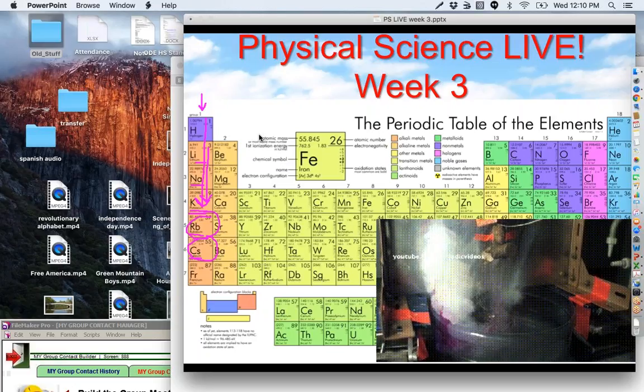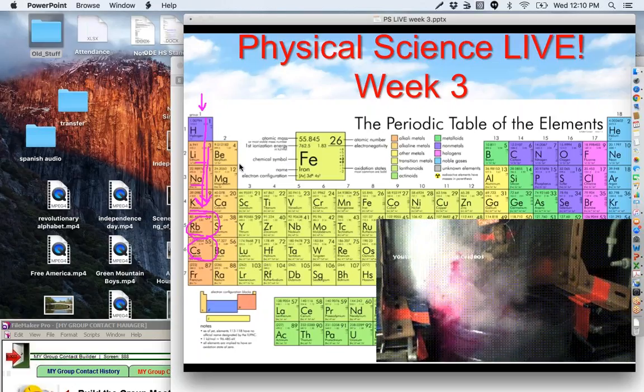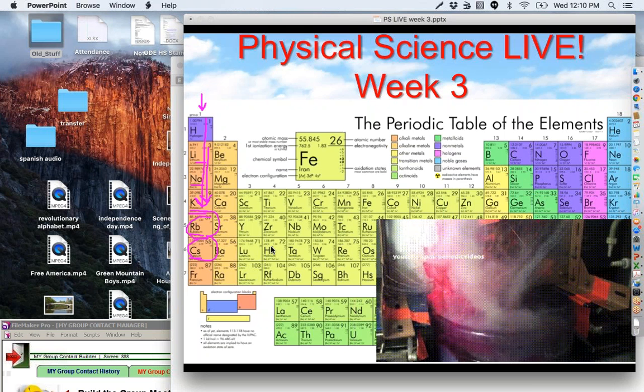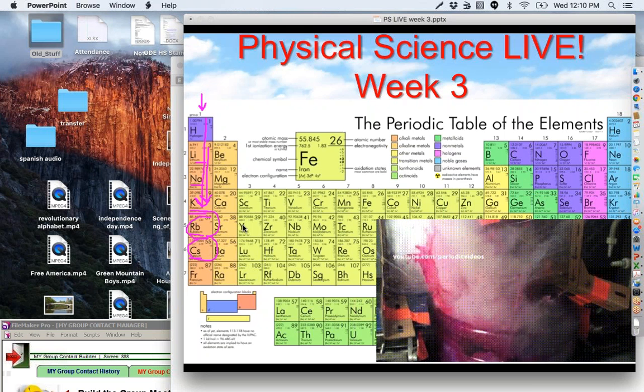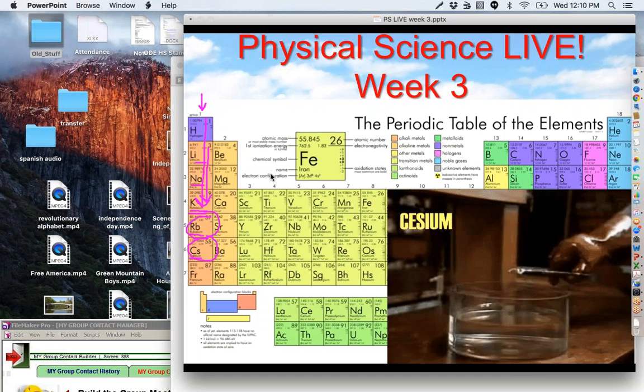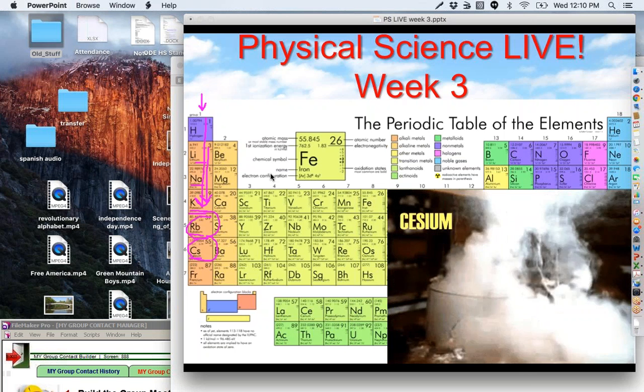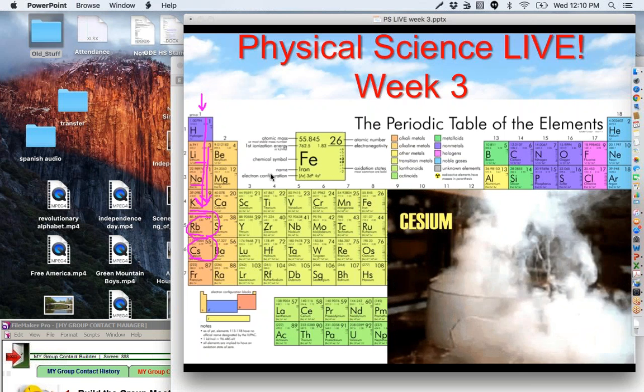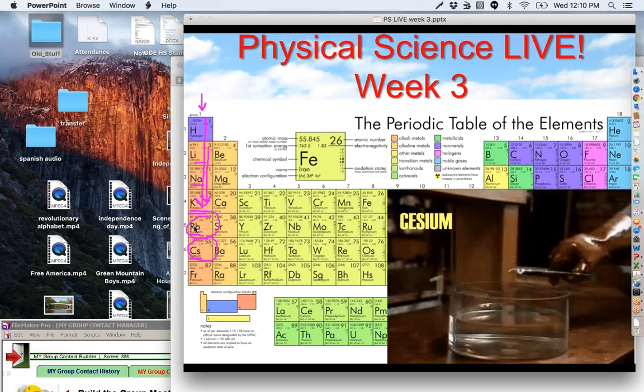Instantly, it reacts very violently with the water. And then cesium reacts even more violently with the water, as we'll see right here. In this case, it breaks the jar it's in, and the water all leaks out. I guess it stops reacting as soon as the water's all over the floor. So cesium is, in fact, more reactive.